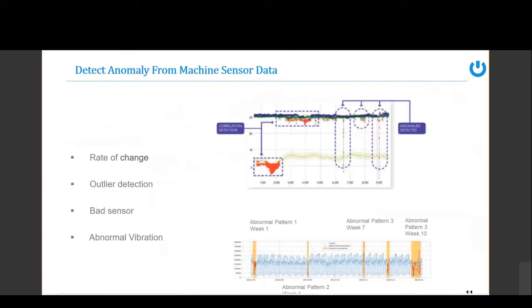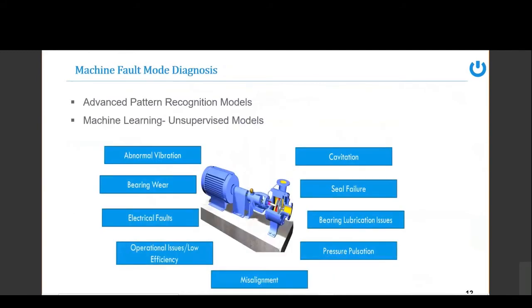The next step in the journey is machine fault diagnostics. Using advanced pattern recognition models in artificial intelligence and machine learning, we can provide you specific fault mode detection. It may be abnormal vibration, or a bearing wear, or a seal failure issue. This further helps you prioritize your maintenance activity.